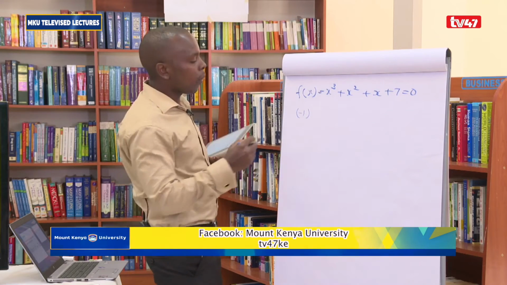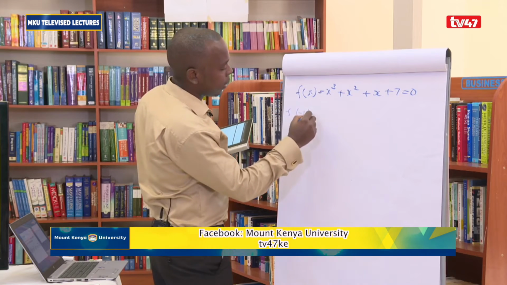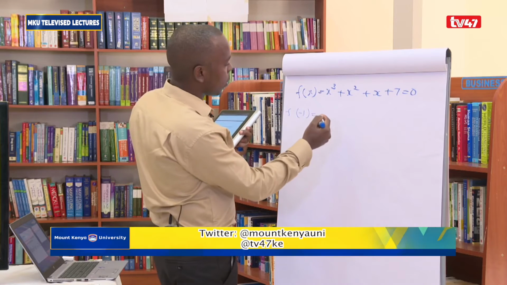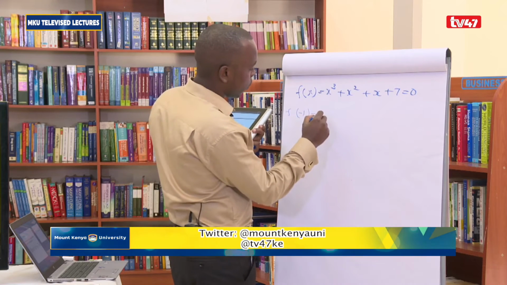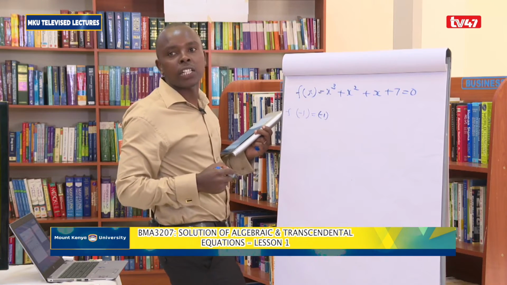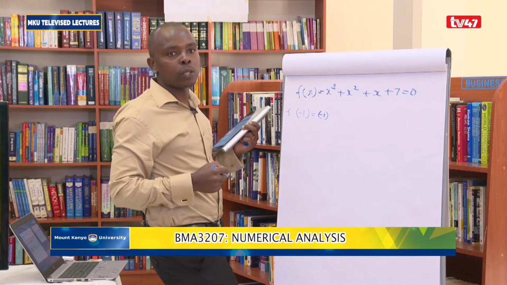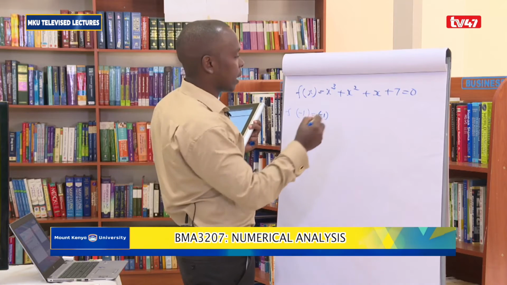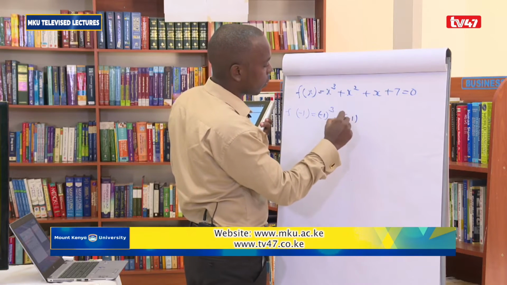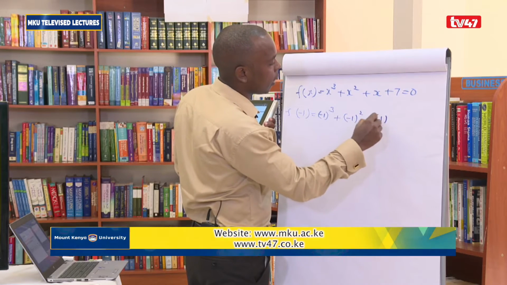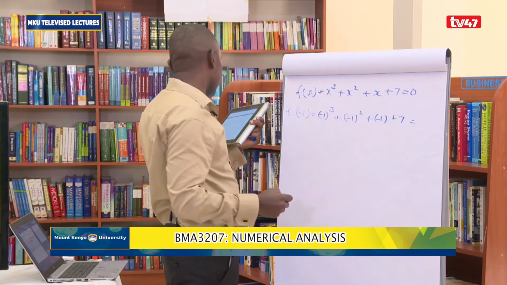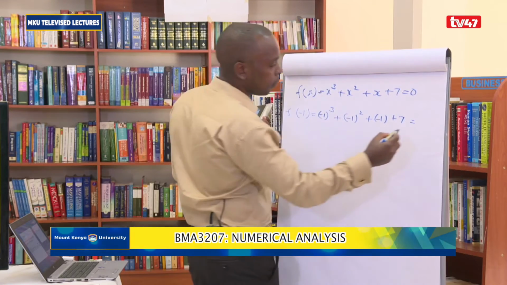So we look for f of -1. We plug in -1 into our function and find the corresponding value of f of x. So we have -1 cubed plus -1 squared plus -1 plus 7, and we find that the value is 6.